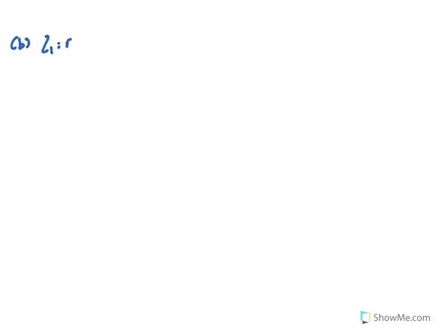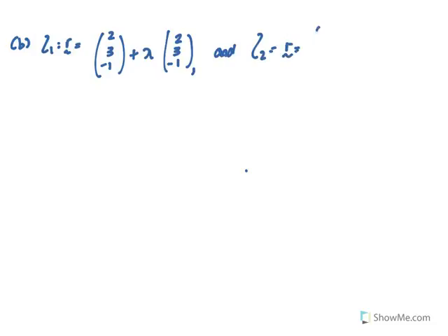L1: r equals 2, 3, negative 1 plus lambda 2, 3, negative 1. L2: r equals 4, 1, negative 1 plus mu of 2, 1, negative 1, where mu is a real number.